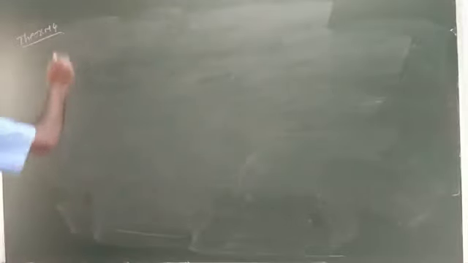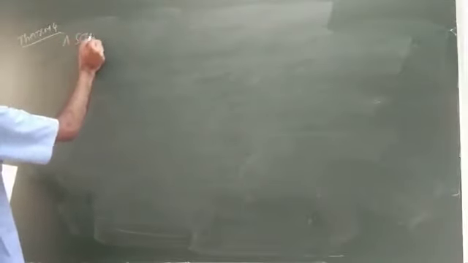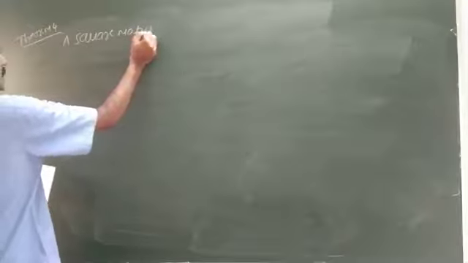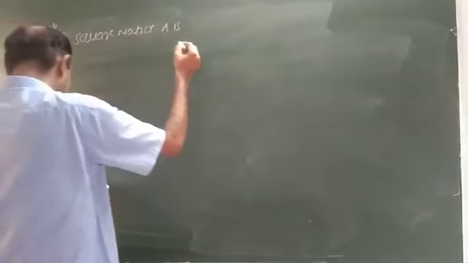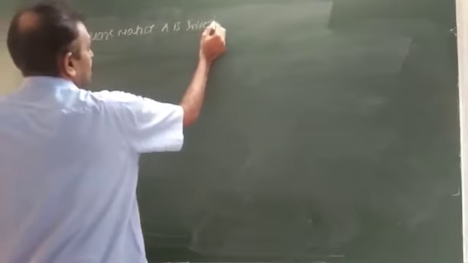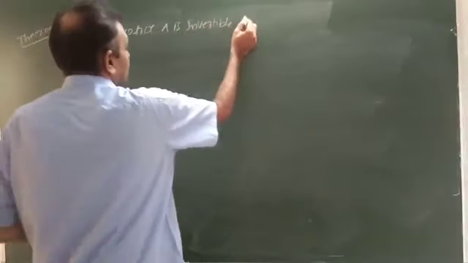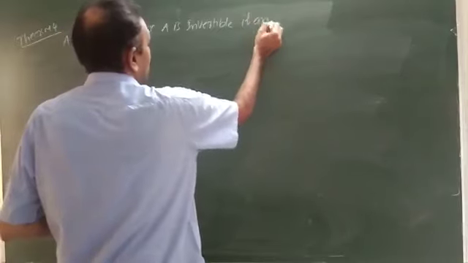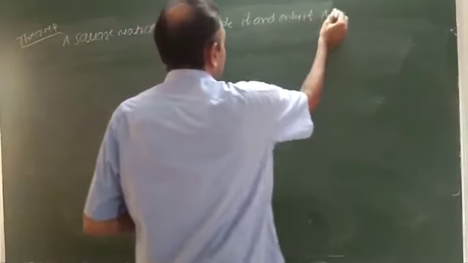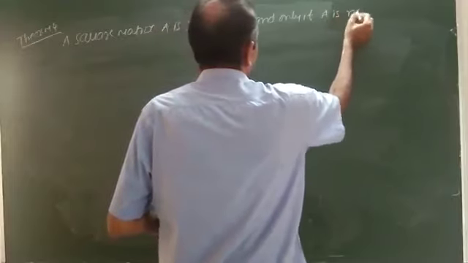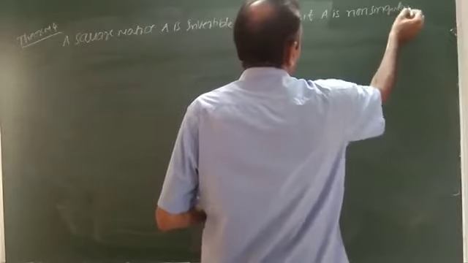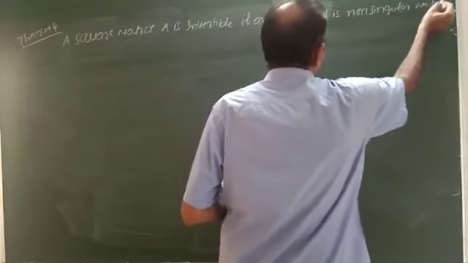Write down the statement. A square matrix A is invertible if and only if A is a non-singular matrix. This is the statement.